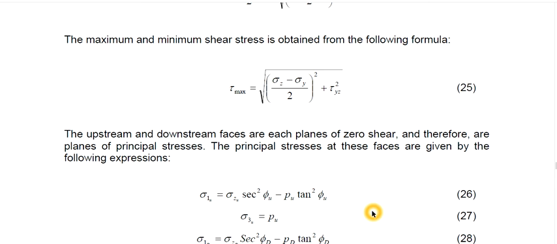So we have to remember two main formulas from the strength of materials subject, and we have to ensure the application of those formulas and concepts on the upstream and downstream faces of the concrete gravity dam by assuming an element within the body of the dam.